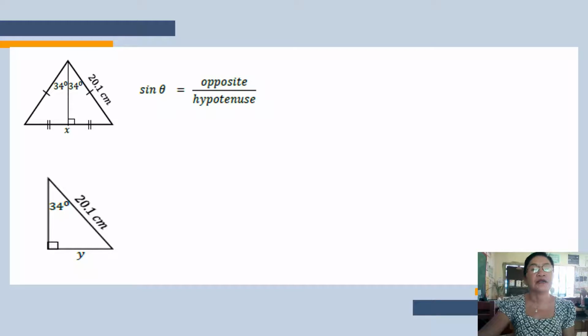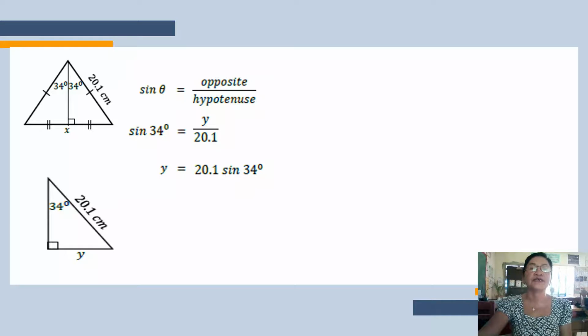The opposite side of 34 degrees is y, and the hypotenuse is 20.1 centimeters. After that, we are going to substitute. So sine theta, which is given, you just copy: sine 34 degrees equals the opposite side y over the hypotenuse 20.1.